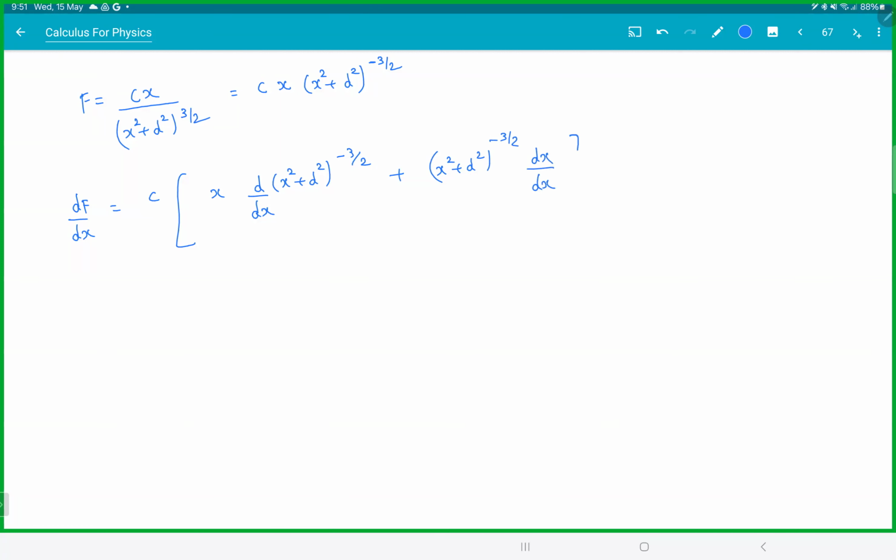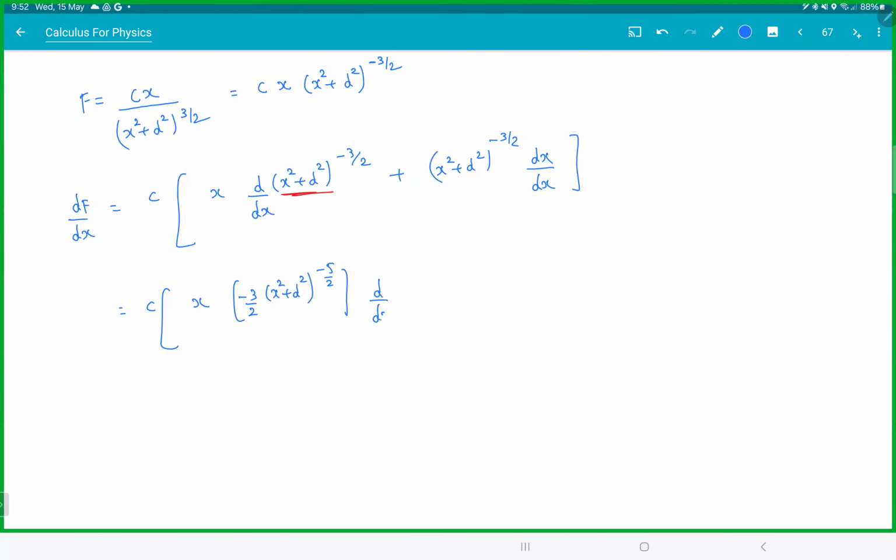Generally, I don't like the division rule. Every time the question comes, I will change into product rule and do it. But if you want division rule, you can do it. Nothing wrong, I just don't prefer it. I like to keep everything in product rule only. So C is anyway outside. Throw it out. X and this guy is how much? Minus 3/2 into (x square plus d square) whole power minus 5/2. And don't forget, you have to differentiate whatever is inside.